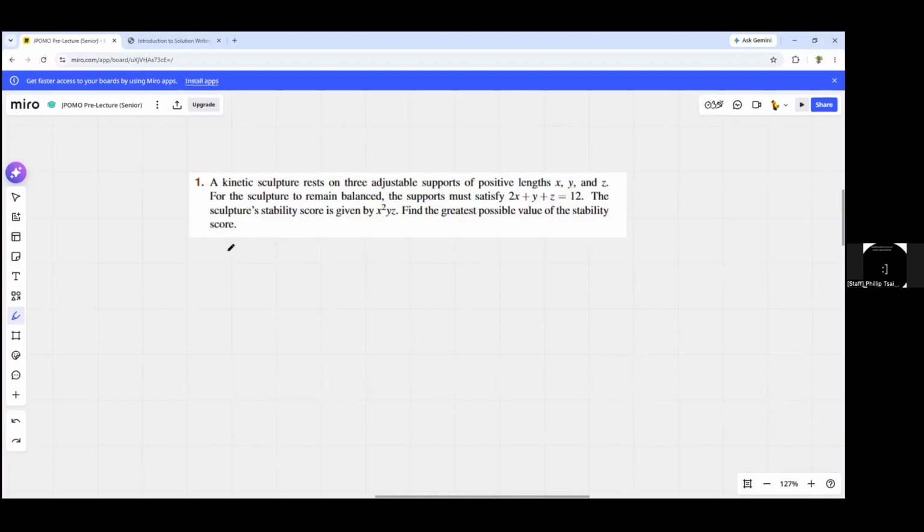So, does anyone have an idea how to, does anybody know, have an idea of what methods to try? Does anyone still have any ideas?